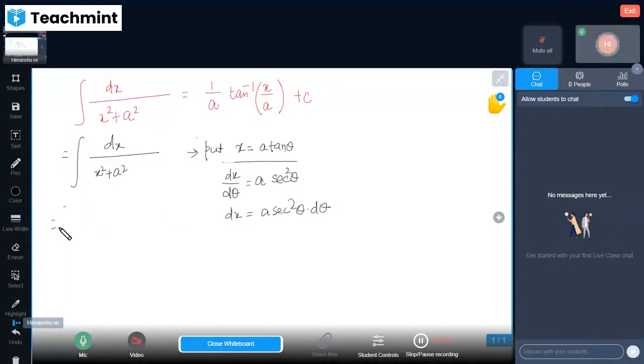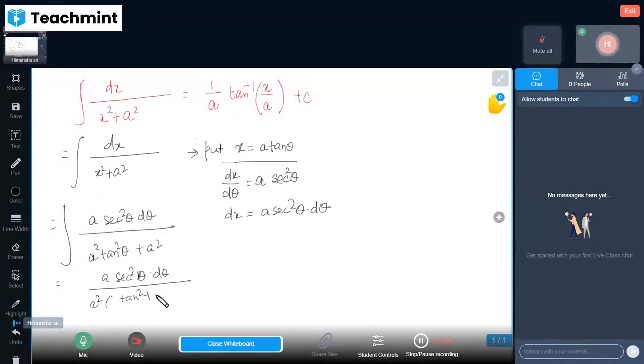Let's put it. a sec square theta d theta in place of x, a square tan square theta plus a square, the integration. So a sec square theta d theta by a square, taking common tan square theta plus 1. Okay, so a is cancelled out.